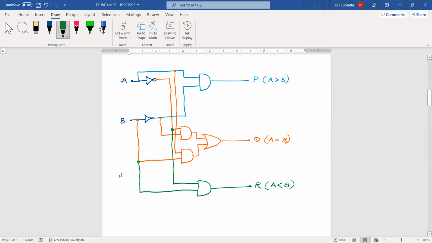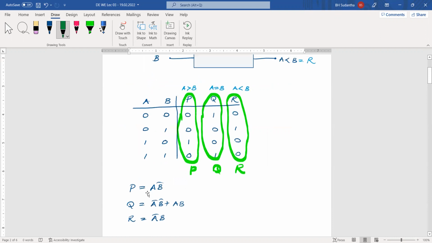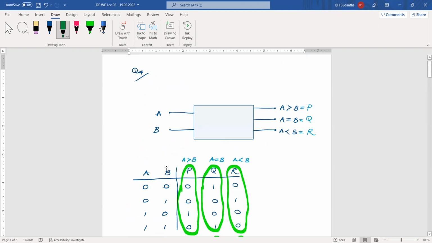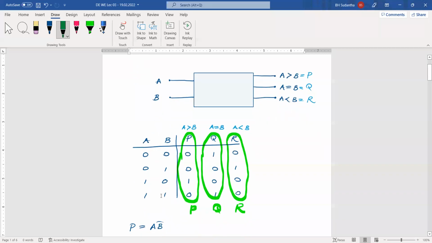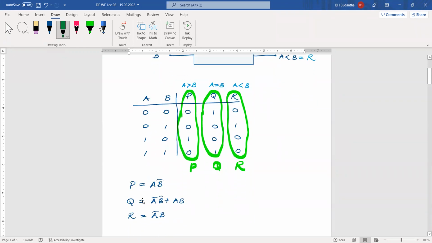Is it okay? Then these are multiple input, multiple output circuits. But the important thing you have to realize is that we have to write 3 output columns considering these 3 outputs. Then we can fill the table using the conditions. After that, you have to write the equation for each and every output.